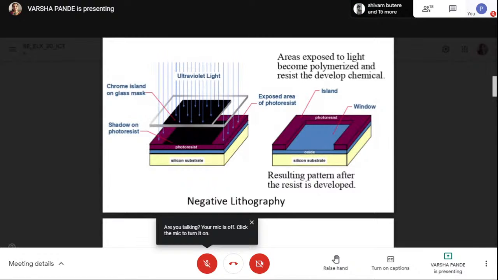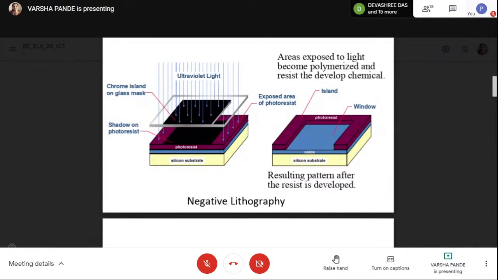After this, within this window you can add something, or subtract something by using the etching process. Like this the window is created. This is negative photolithography. You can see the dark region is removed, and the transparent region remains as it is.